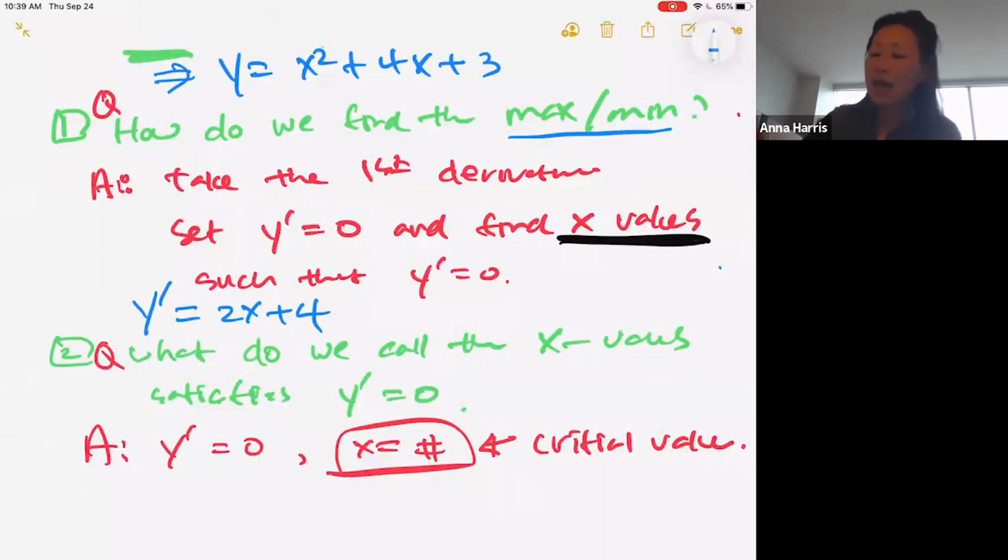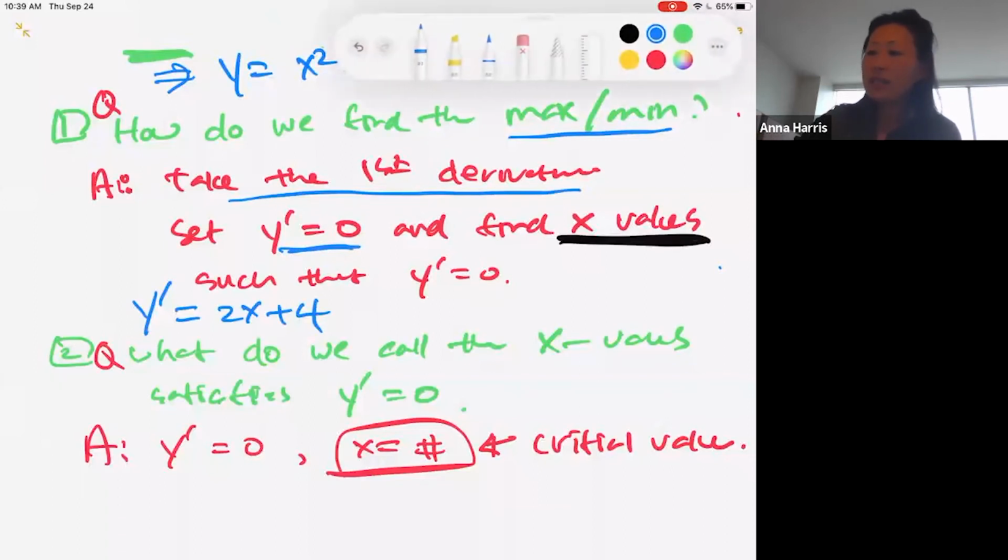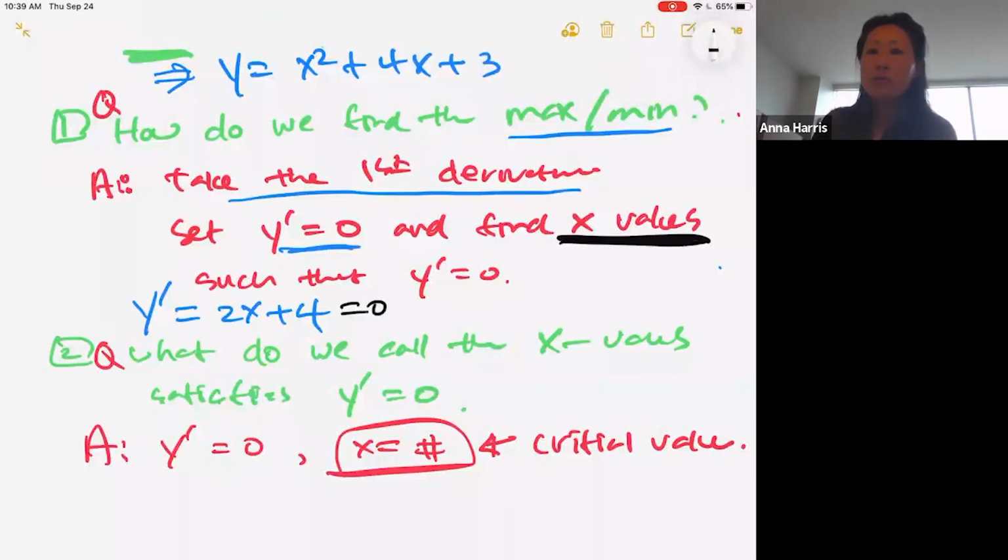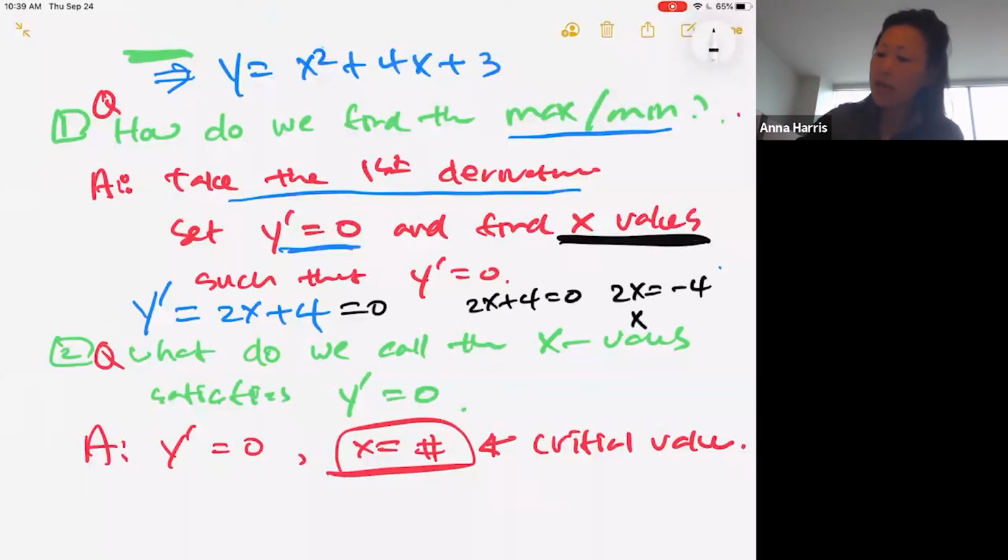Now, after you take the first derivative, what do we do? I need to set it equal to 0 to find the x value. So I'm going to set this equal to 0. Then I get 2x plus 4 equals 0, and 2x equals -4, then x equals -2.